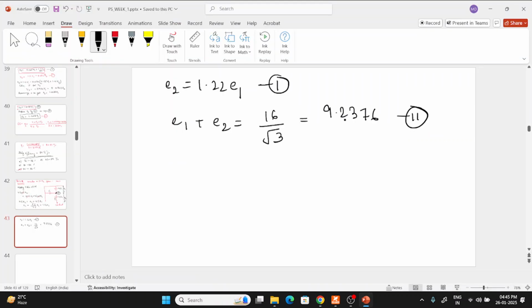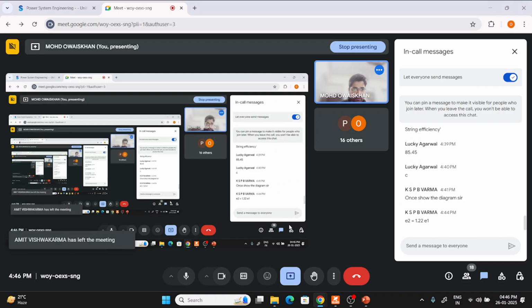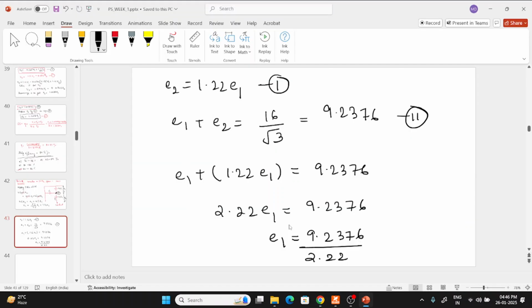So if we solve it for E1, E2 is 1.22 E1, so E1 plus 1.22 E1 is equal to 9.2376, and this will be 2.22. Give me the answer by dividing this in the chat box. So E1 will be equal to 9.2376 divided by 2.22. What is the answer? E1.